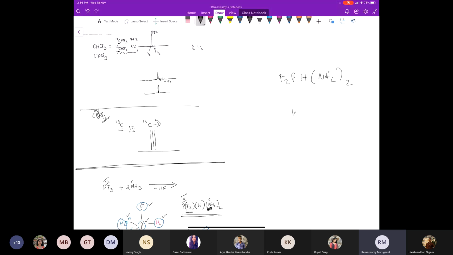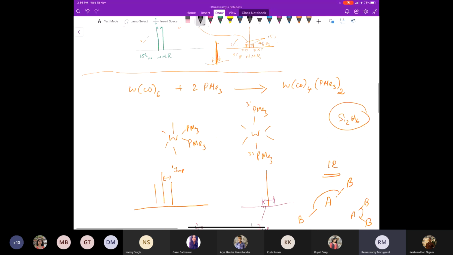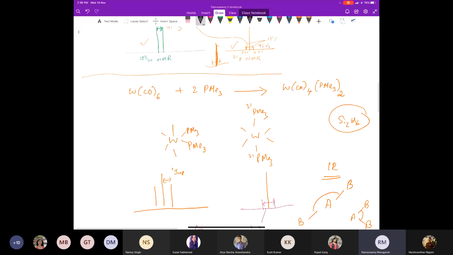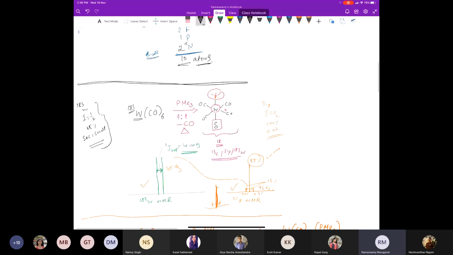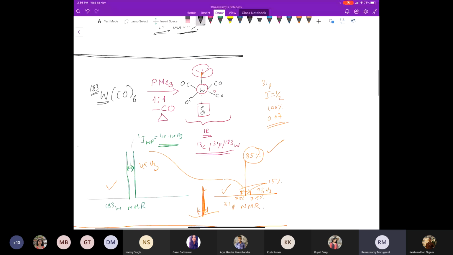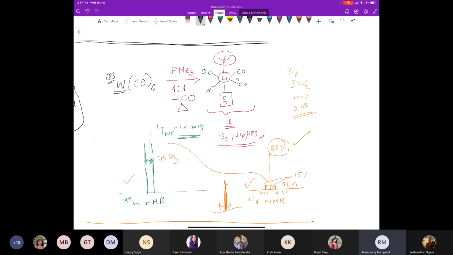The second series was the complexes WCO3N, 6 minus N, PR3 N. If you want to make this problem even more interesting, for example, the first example I will take is this one. Now I can dig a bit deeper and bring my methyl groups into the discussion also.